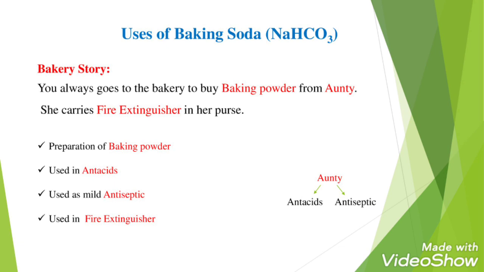These both terms you can remember by the word anti. Anti means antacids, antiseptic, and it is used in fire extinguisher. So from these four topics you can remember by story and you can write easily.